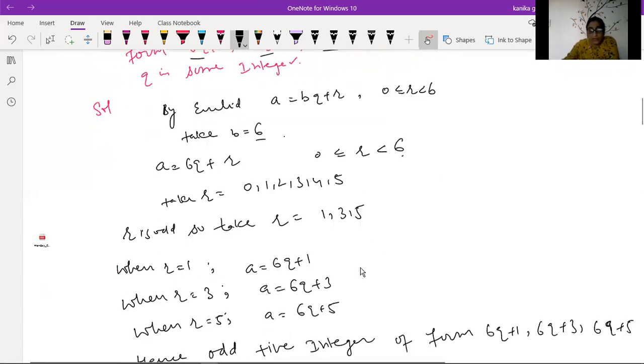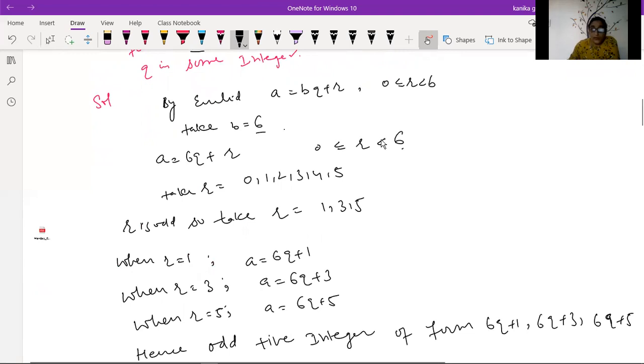सो जब हमने r जो है, क्योंकि हमें क्वेश्चन में ऑड पॉजिटिव इंटीजर बोला है, आपको पता है कि 6q जो होता है वो हमेशा इवन होता है. देखो 2q, 4q, 6q, 8q. These are always even numbers. If we add odd numbers to them, we get the odd integers. So we have to choose r is equal to 1, 3 and 5.